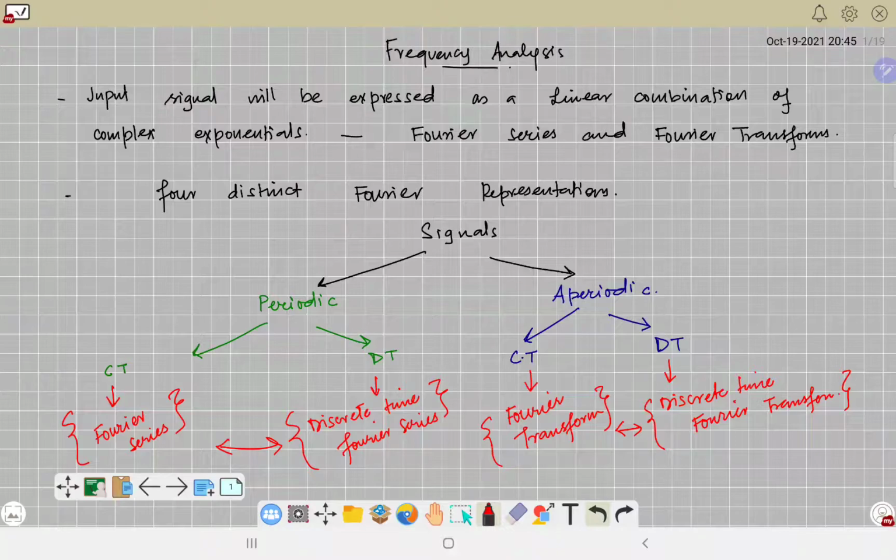Everything will be expressed in terms of exponentials, and that means the frequency parameter will be involved. We don't have a discrete time version of the Laplace transform, but we have another transform which goes by the name Z transform. The kind of analysis we do through the Laplace transform in the continuous time domain is similarly done for the discrete time domain through this transform, and that will be your fifth chapter.